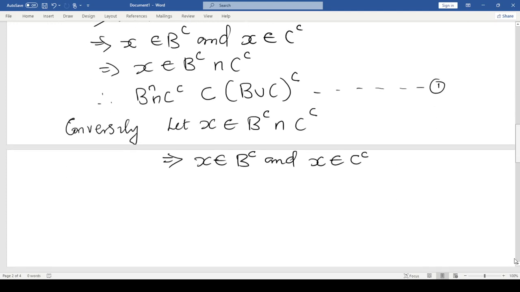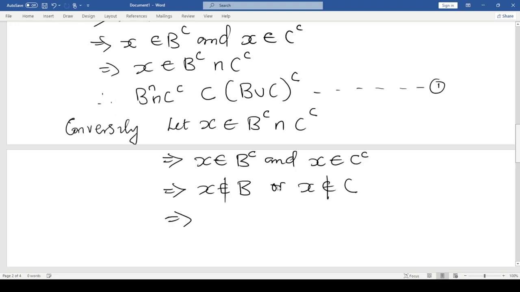So then, if x is a member of B complement here, then x is not a member of B. So this just tells us that x here changed from being a member of to not being a member of here. So this just tells us one thing. We also need to change this word that we have in the middle here. So from and we're going to change to or. X here is not a member of C. Okay.